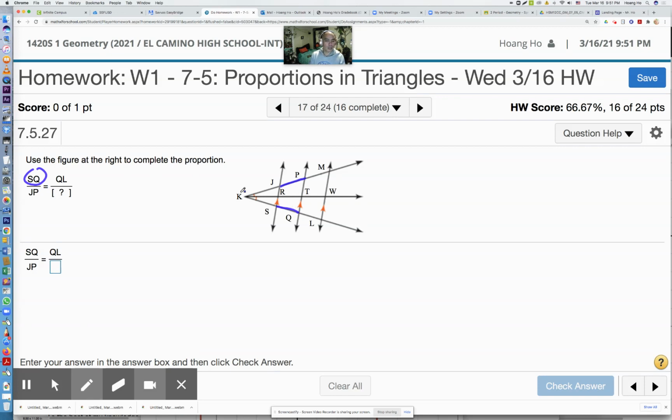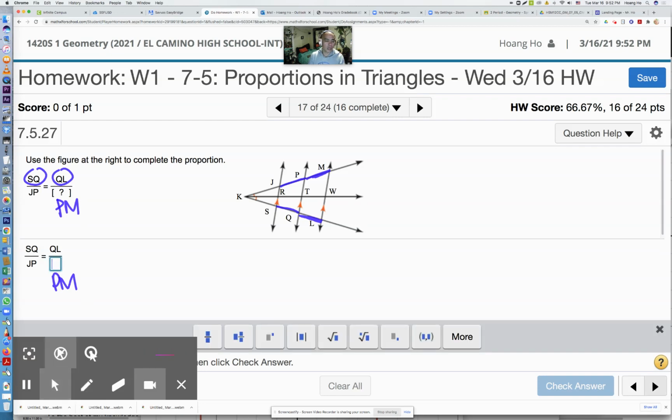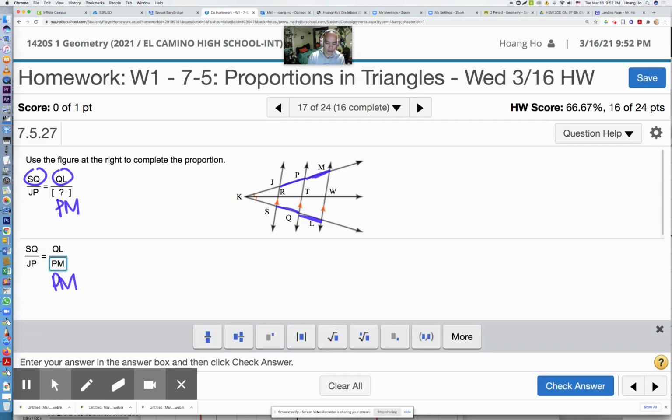Now QL, where's QL? QL is right here. So QL has to go with PM. So I put PM on the bottom and then I'm done. PM, make sure it's capital, done.